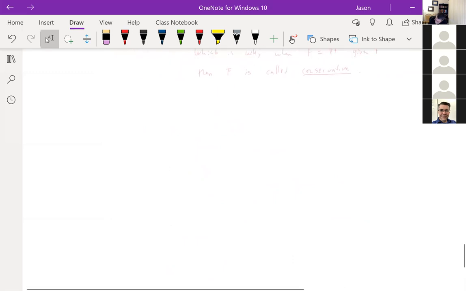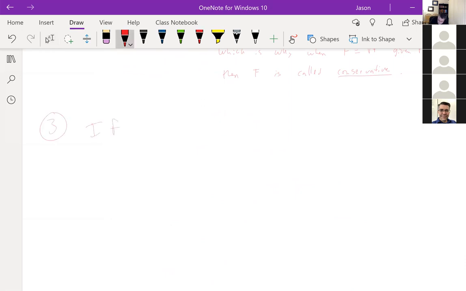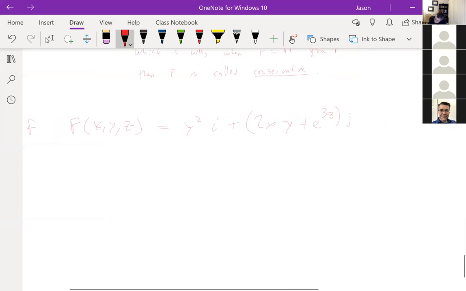Okay, so lots of proofs today. Number 3. If F of x, y, z equals y squared i plus 2xy plus e to the 3z j, make sure you're writing this down, plus 3y e to the 3z k.